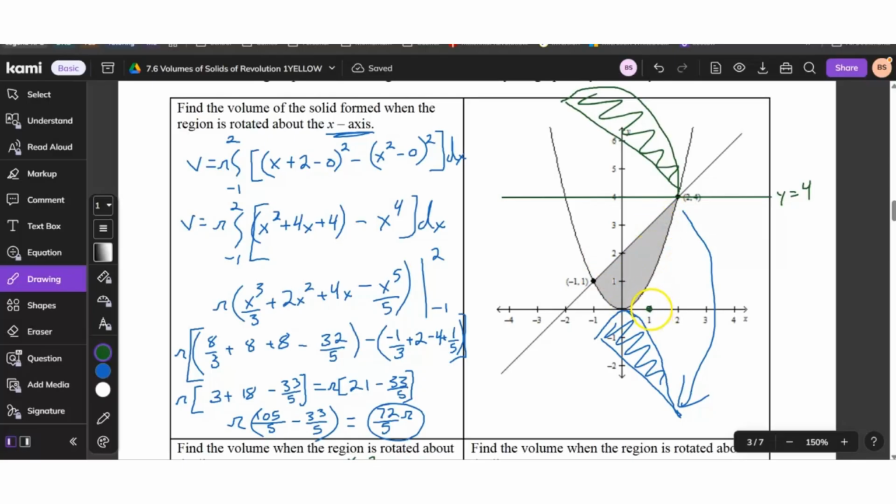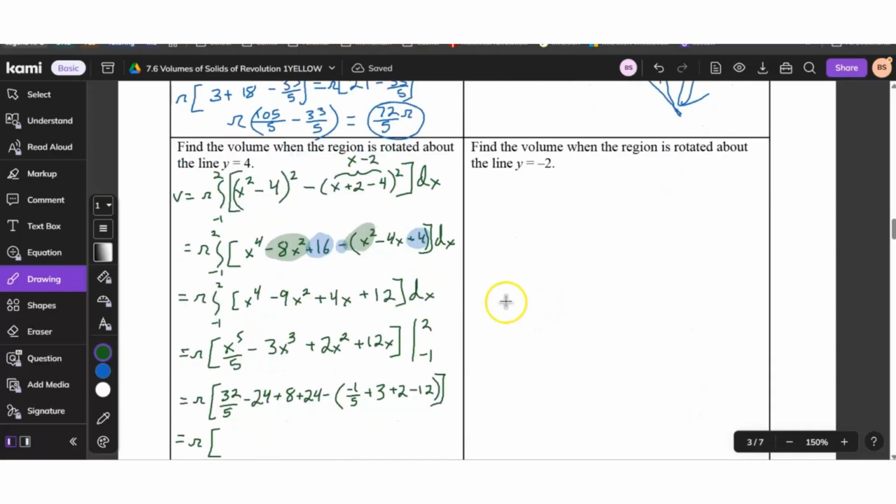If I pick here, which one of these two functions is further? It's this one, right? So we have to use that one. But now that this is our axis of rotation, the further away one is the quadratic, and the line is closer. And we choose the one further away because if not, you would get the same answer, but the opposite sign. Yeah, it doesn't work.